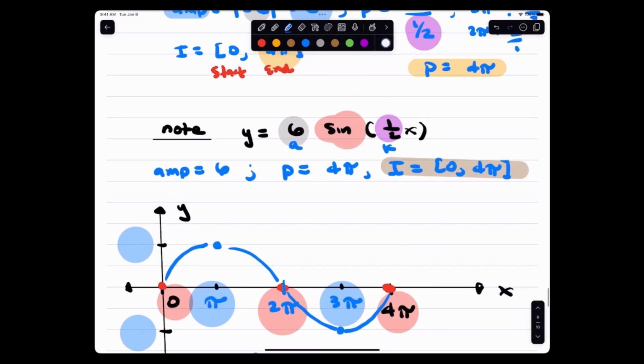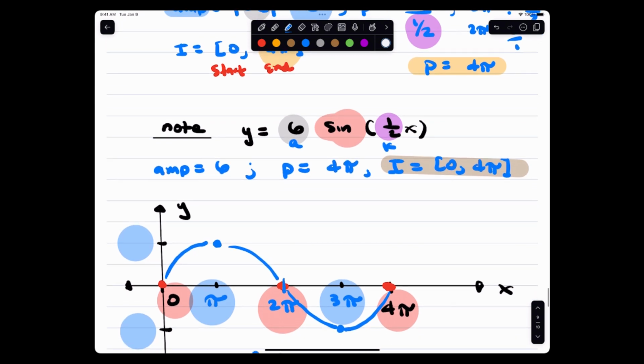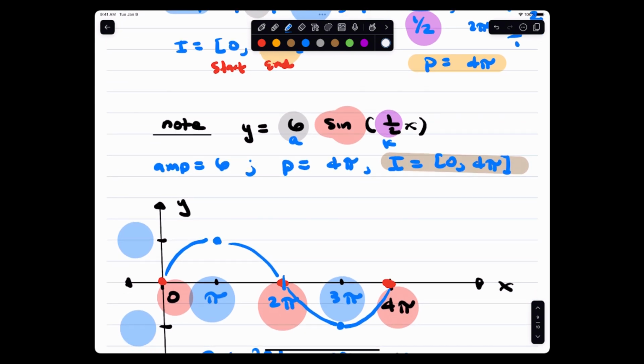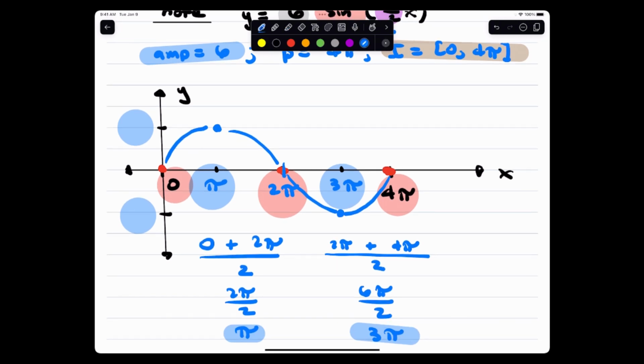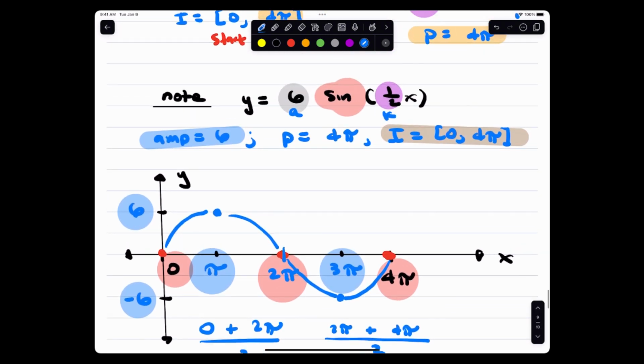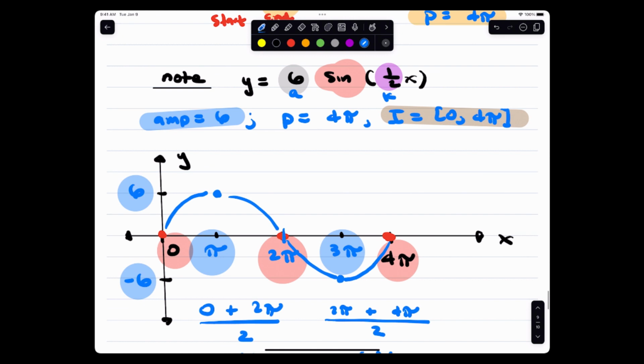What about the amplitude? What do we say the highest value would be? What is that, ladies and gentlemen? Isn't that going to be 6 and -6? Is that true? So here's my graph.